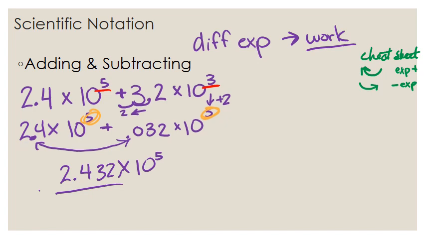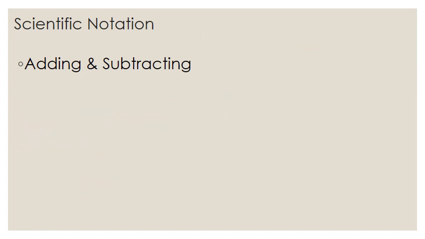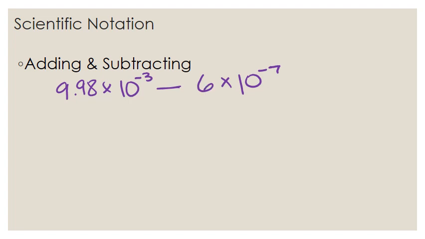Let's take a look at one more example. Let's do a subtracting one. So this time, let's say I have negative exponents. So let's say I have negative 3. And let's say I have an exponent of negative, let's do a 7. All right, and then my numbers, I'm going to have a 9.98, and I'm going to try to subtract a 6.